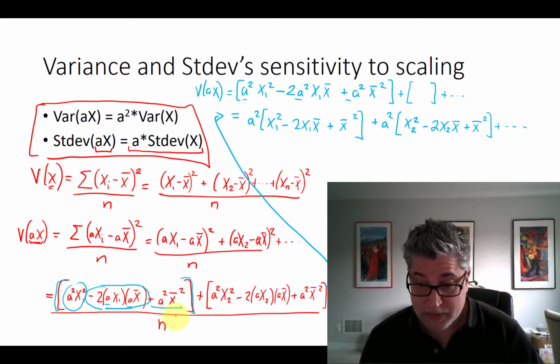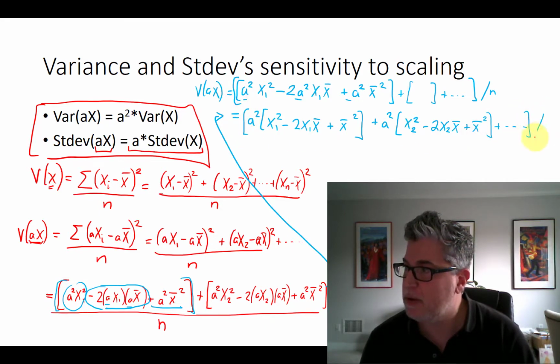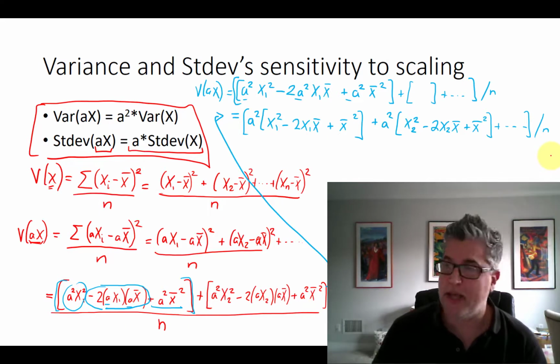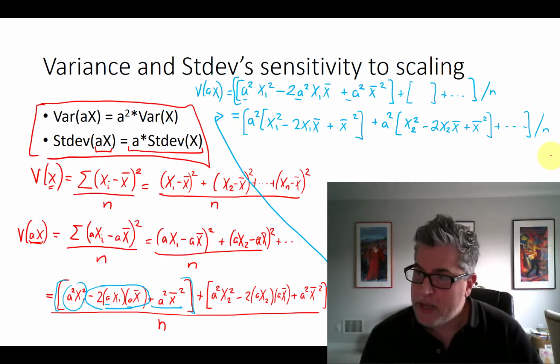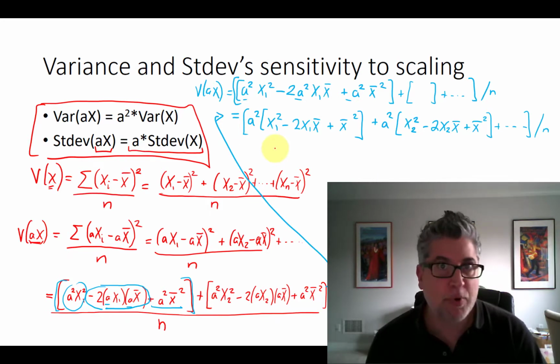And I forgot that I was supposed to be dividing by n. So let's make sure I have that. Divide this whole thing by n. Take that whole thing, divide by n. Can't forget that. I have an a squared term now in front of each of these bracketed terms. So I can keep pulling that out.